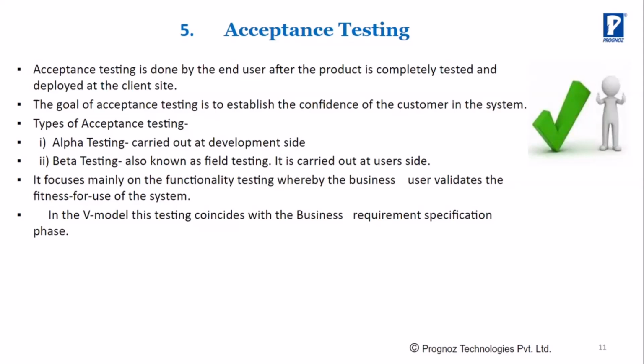And it correlates to the business requirement specifications from the V model, basically the verification model. So here you can see once alpha and beta testing is done, we can say that the system is ready for other users as well.